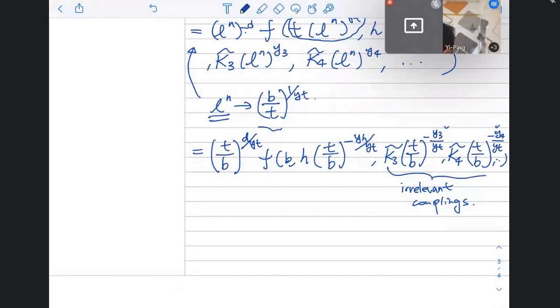And for those, when you send t goes to 0, for example, take y3, this coupling will go to 0. This is to some extent what we anticipate, because the irrelevant couplings will go to 0 as we approach the critical point.